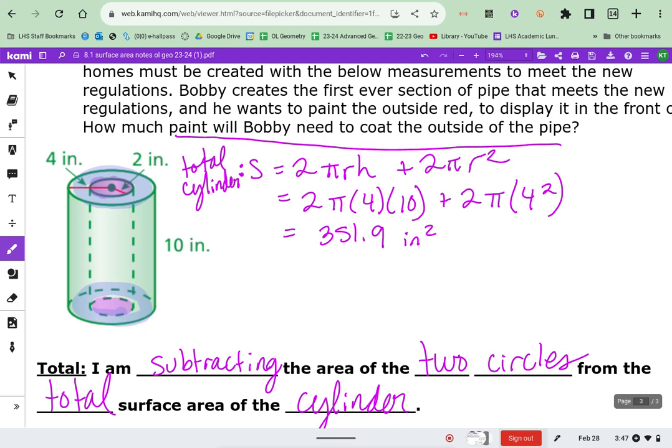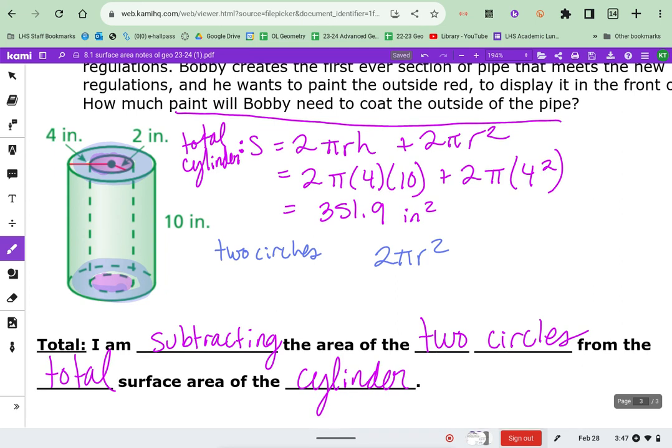Alright, guys. Okay, so let's find the area then of two circles. So the circles are identical. One circle is pi r squared, and we have two of them. So I'm just going to do 2 pi r squared since we have two circles. And the radius of the circle is 2.